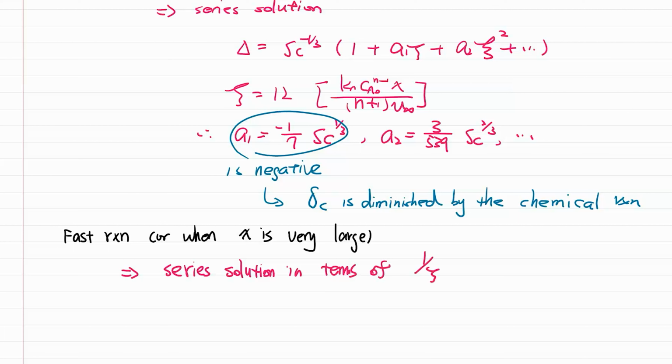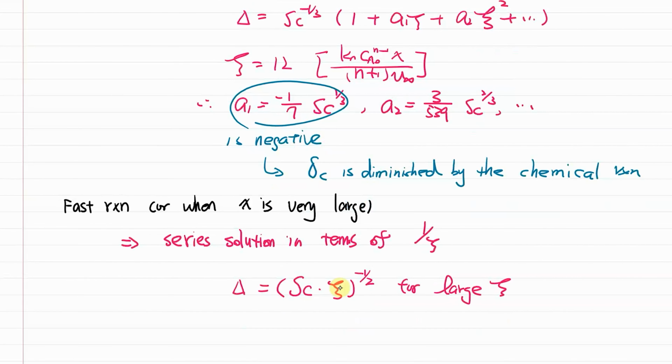Okay? And for large C, we have a result that the capital delta now equals the Schmidt number times C together to the negative square root of it, for large C.